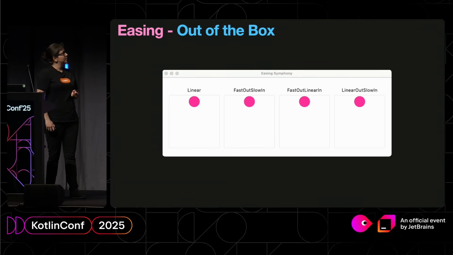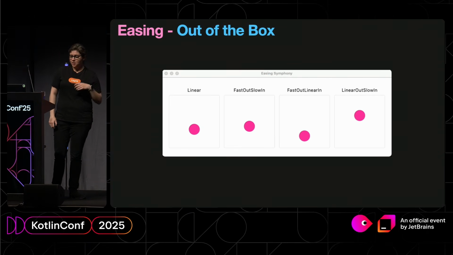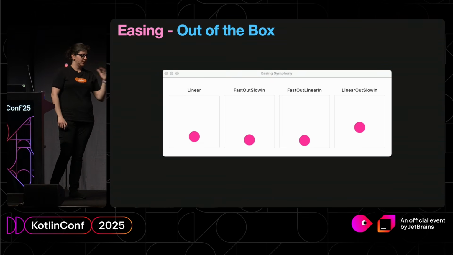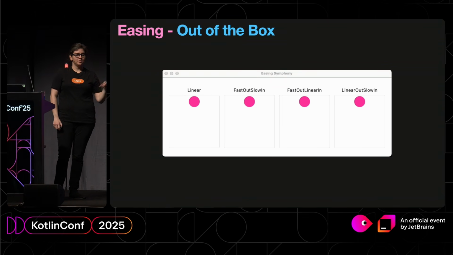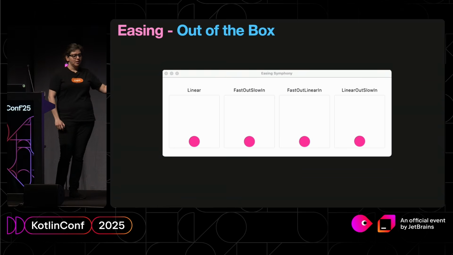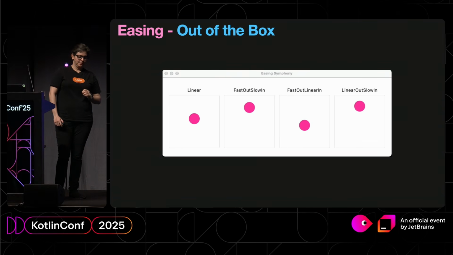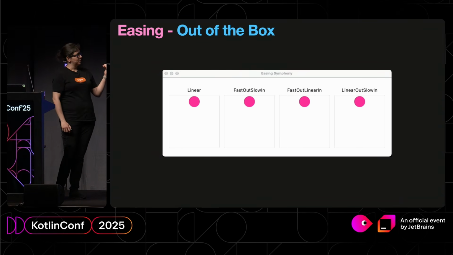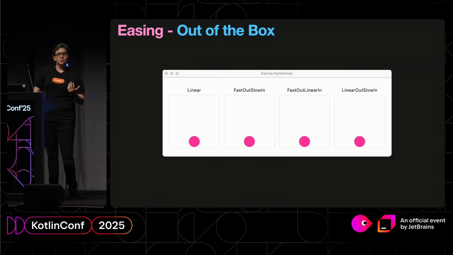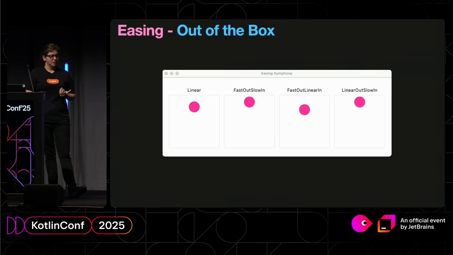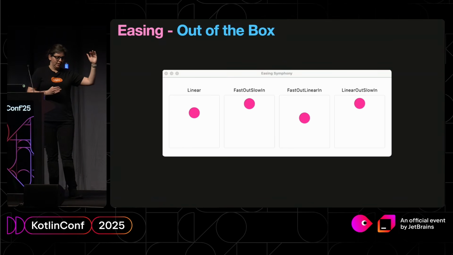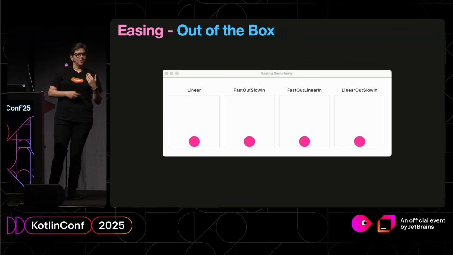But to get landed home, let's see an example of how this easing looks in the out-of-the-box ones. So we have these four animations. All of them are doing objectively the same. They're basically going from the top to the bottom and then gliding in. But, as you can note, depending on the different easing I'm using, I'm getting a different effect. They're all reaching the end of the animation, but they're doing so in a different way.